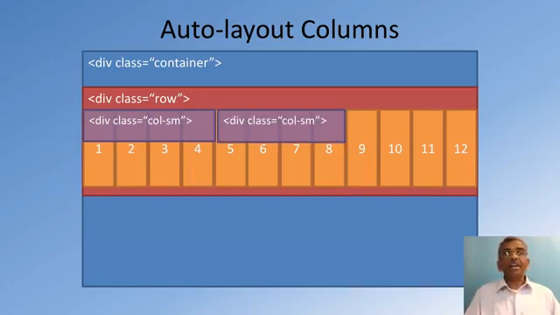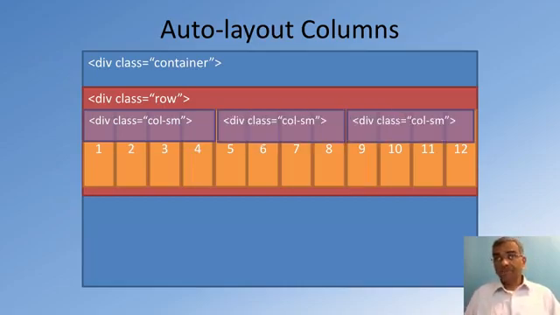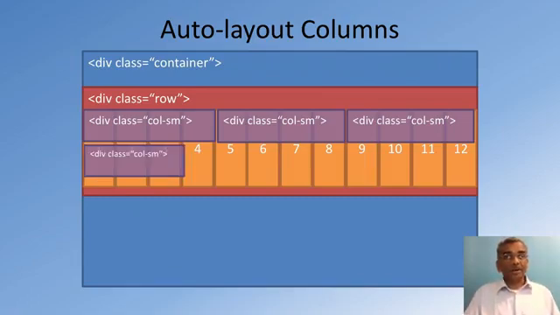But in case I specify 3 divs with col-sm in my HTML file, then the Bootstrap grid will automatically position the contents inside those divs side by side so that each one of them gets 1/3 of the total width. So since we have 12 columns here, each of these 3 will get 4 columns each. And this is automatically taken care of by Bootstrap's layout mechanism.